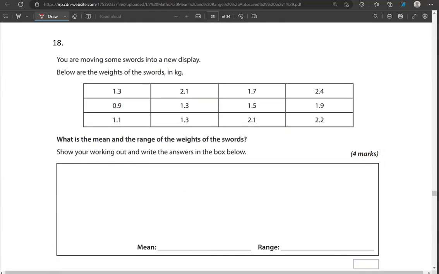You are moving some swords into a new display. Below are the weights of the swords in kilograms. What is the mean and the range of the weights of the swords? Show your working out and write the answer in the box below.